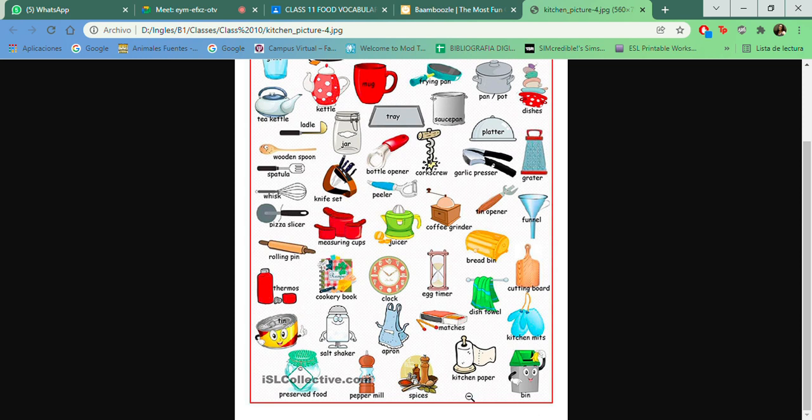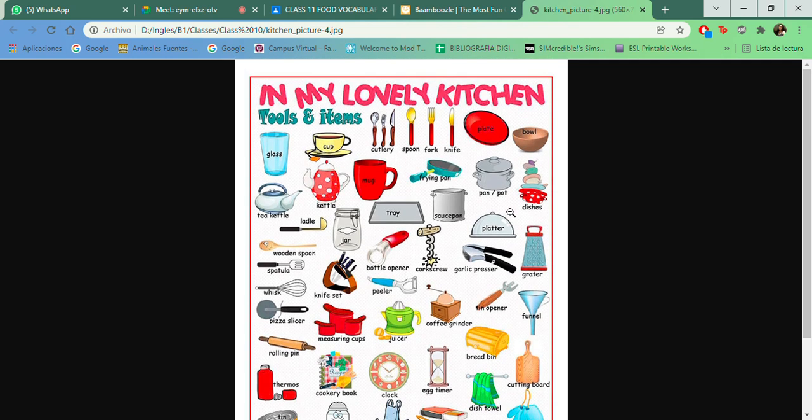Good. Here we have spices, kitchen gloves, or mittens as well. Great. And the pan is this frying pan. Here it is. Okay. And this is a baking tray or a tray. These are things where you can cook, the supplies where you can cook. Great.